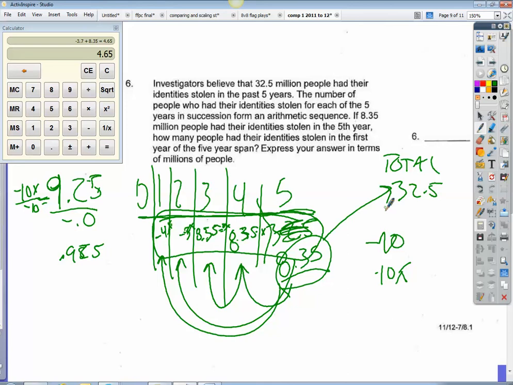And so I just said 1, 2, 3, 4, 5, 5 times 8.35 minus my 10x's, and I explained why, is equal to 32.5, and I just solved. And I got 4.65, and that is it.